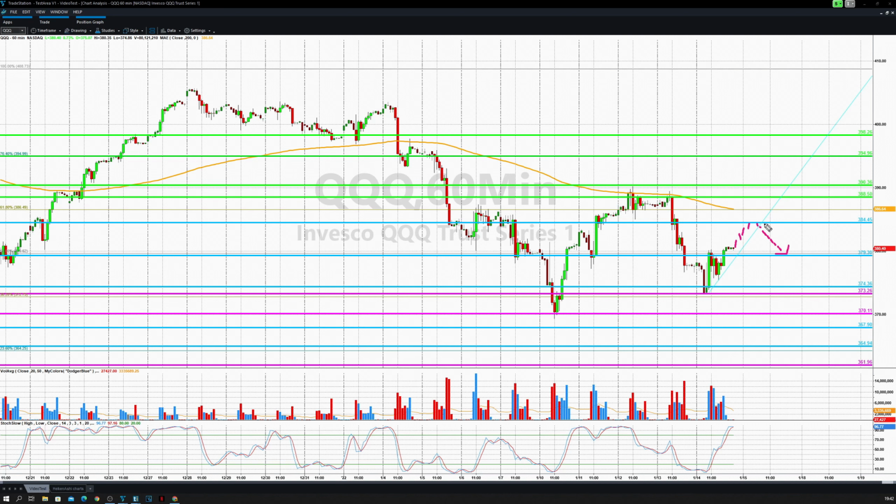So we have a nice trend on the 1 hour chart, which is nice, but remember it can fall down, and I think it will reverse and then retest this area again, and there we will see the volume.